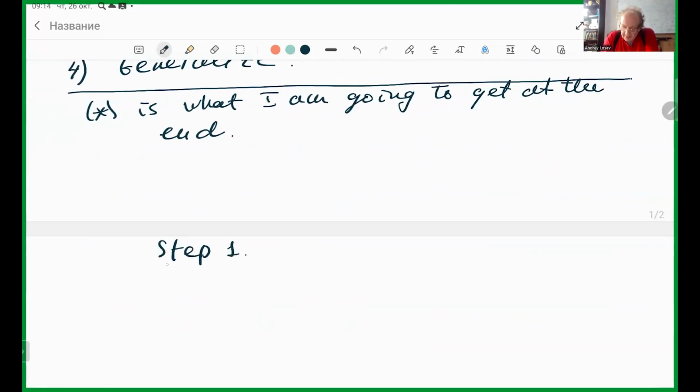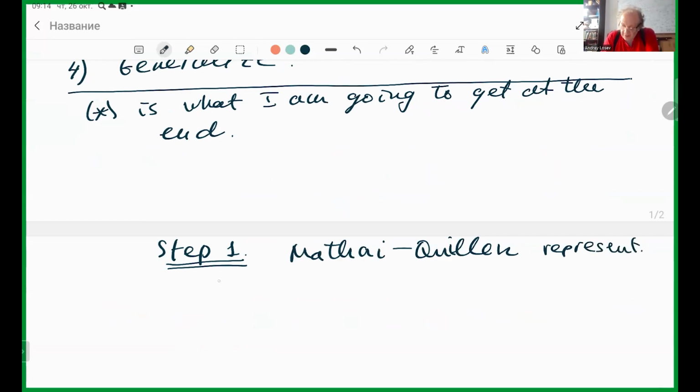Step 1. Mosaic William in representation for delta function.